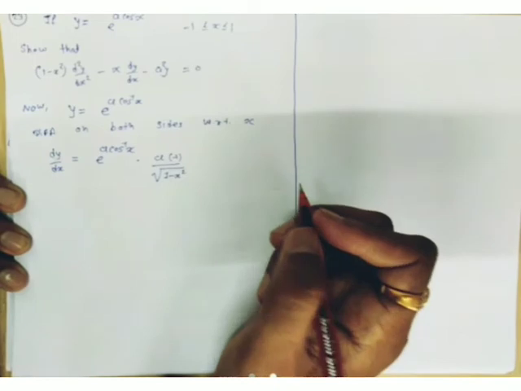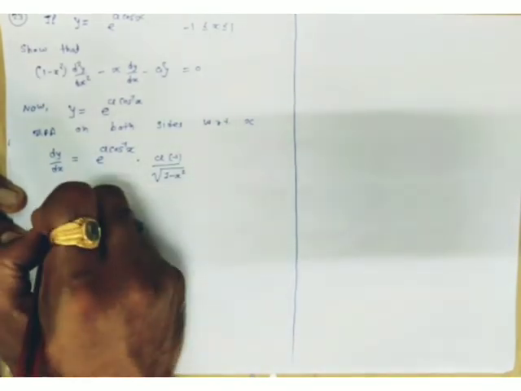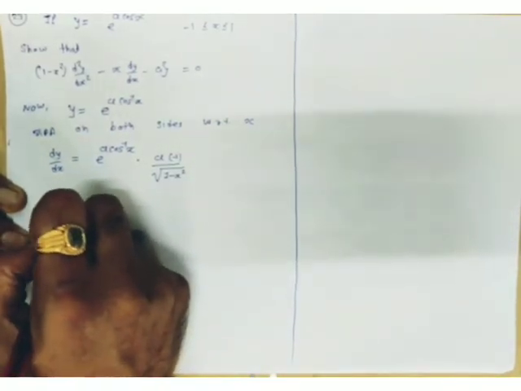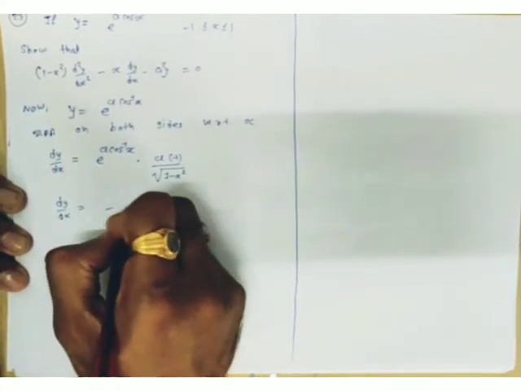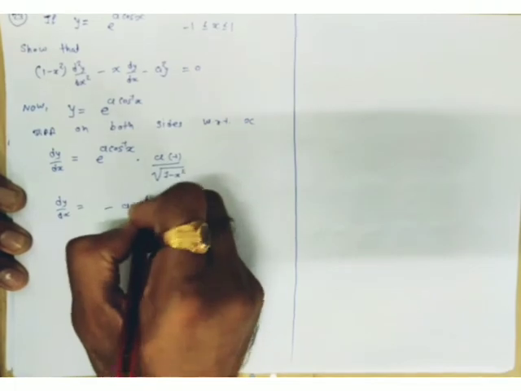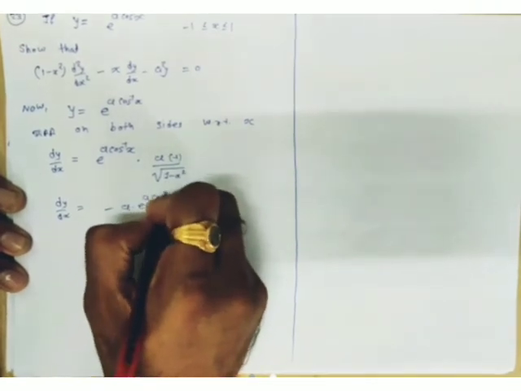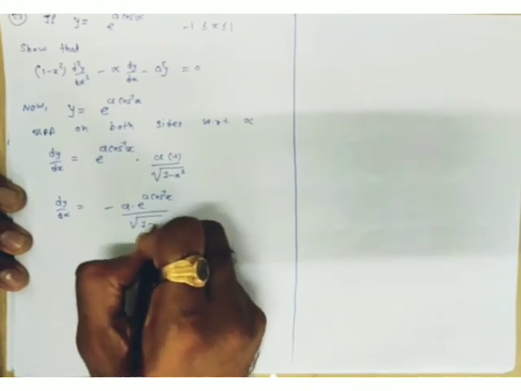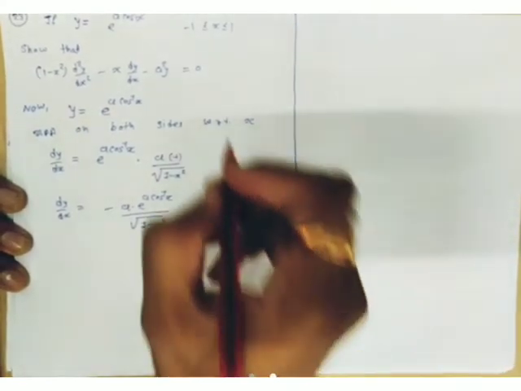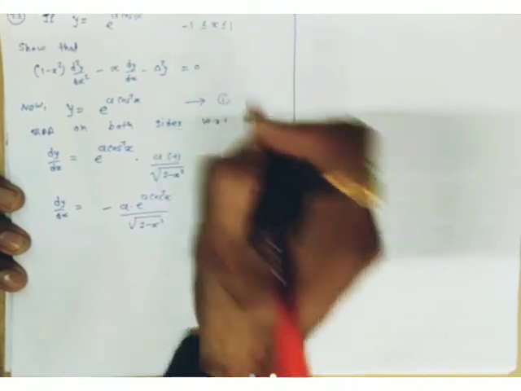Done. So we can write our dy by dx as minus a into e raised to a cos inverse x whole divided by square root of 1 minus x square. Right? Say given this y as equation 1.